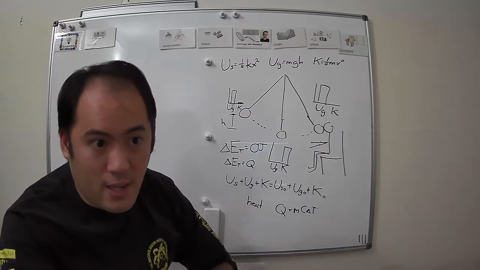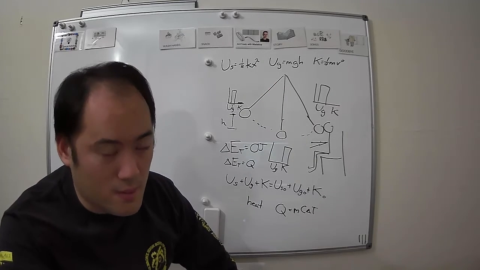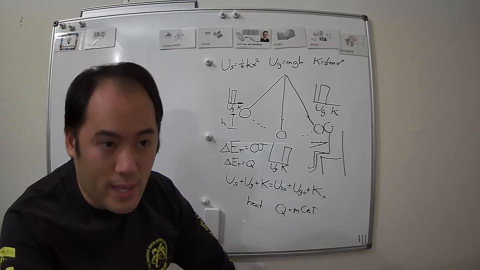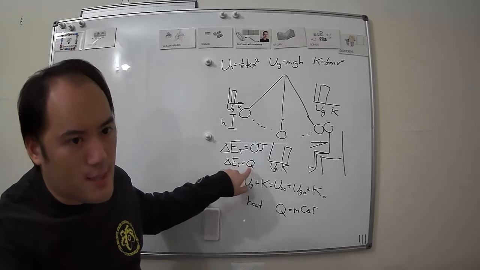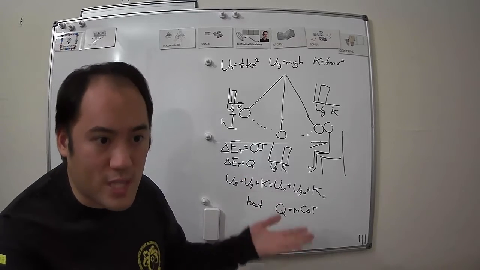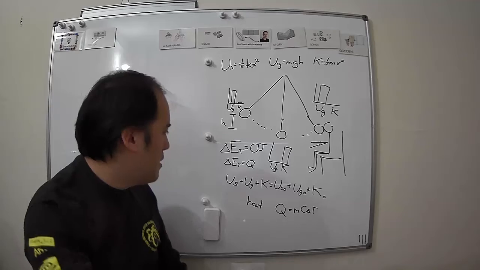If at the end it has 100 joules of K, it was conserved. If at the end it only has 80 joules of K, 20 joules became heat, Q, and probably due to friction, warming it up.